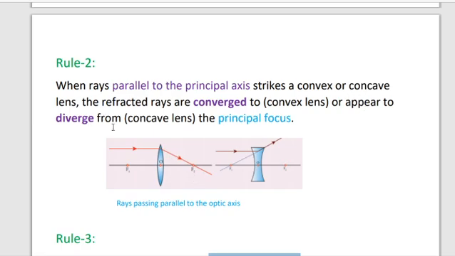In the case of a concave lens, it appears to diverge from a particular point on the principal focus. That's rule number 2.